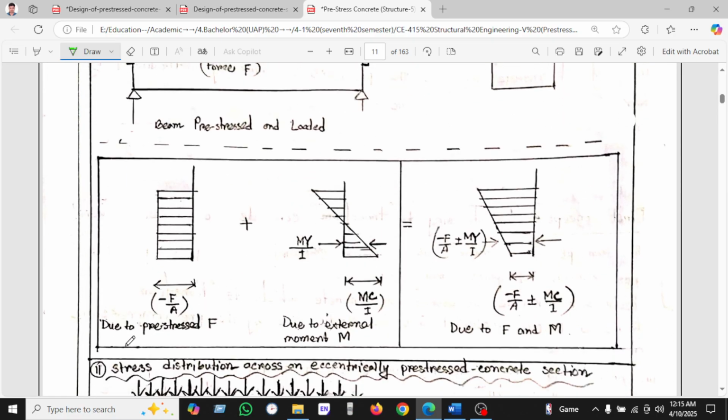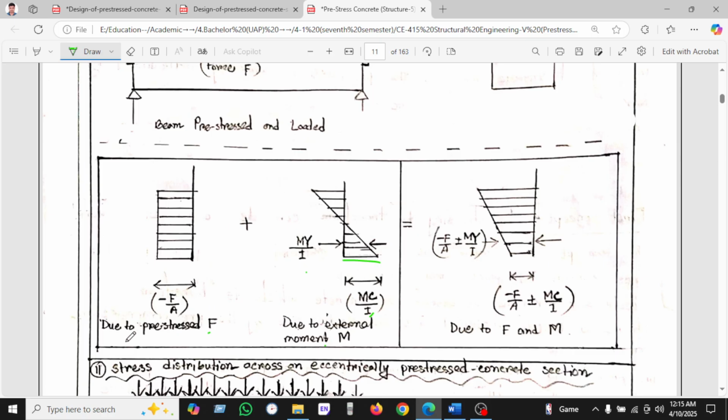So due to prestress, F, as we know, it is not compression, it is tensioning, that's why minus F. And due to the external moment, it will be My/I. So the external moment you can see here will be My/I.